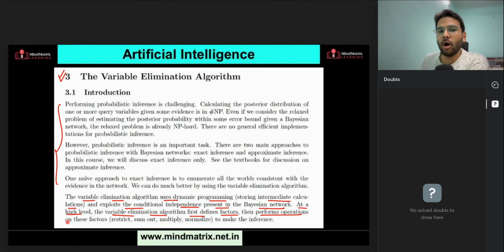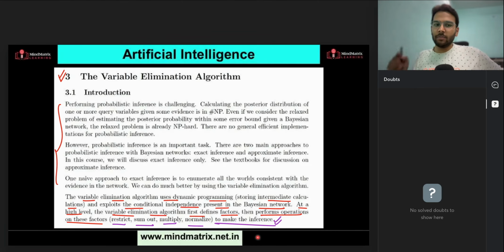And then we perform operations on these factors also. And what kind of operations are we performing? Carefully see this. Restrict, sum out, multiply, and normalize to make the particular inference. Now we are going to talk about these particular operations that we perform on these factors.